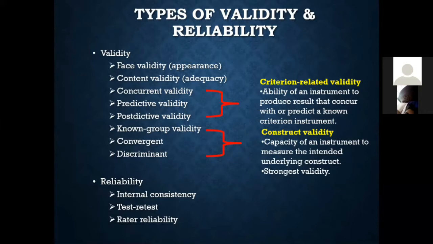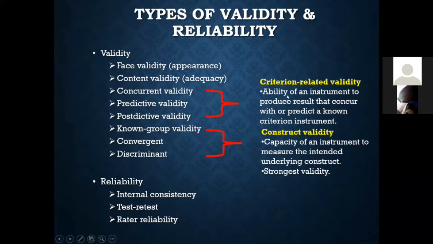Although these types of validity have the lowest quality, they are very fundamental, so we're going to discuss these two as well. Then we have concurrent validity, predictive validity, and post-predictive validity. These three are also called criterion-related validity.